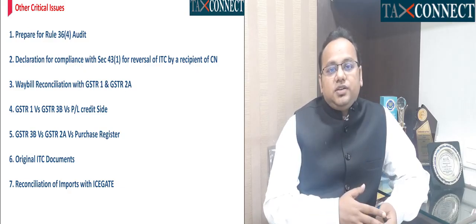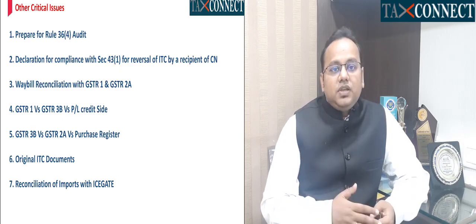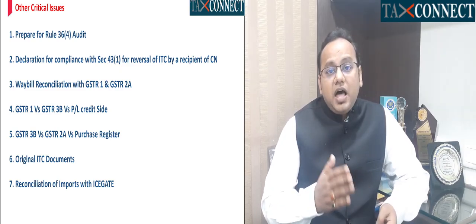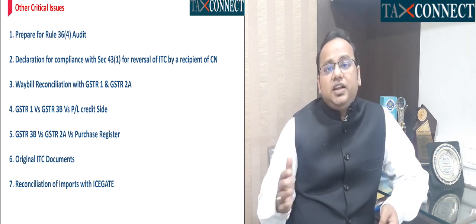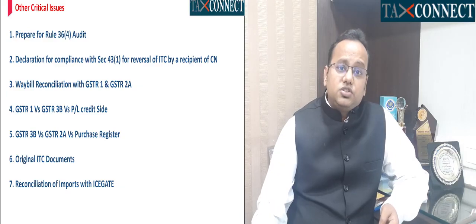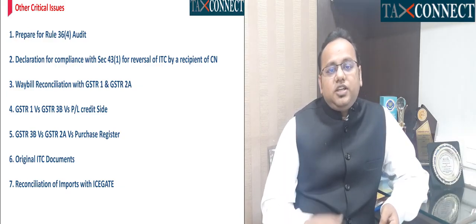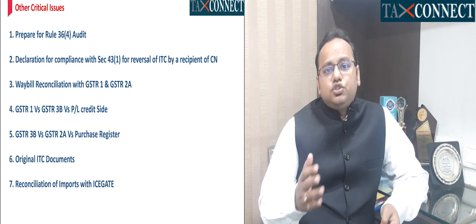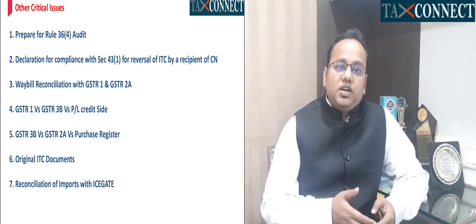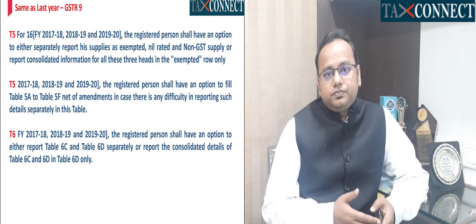Waybill reconciliation vis-a-vis GSTR 1 and 2A is again important now with the GST law streamlining and the department becoming more stringent. GSTR 1 versus 3B and GSTR 2A versus 3B are issues which are regular in nature and which need to be followed in the current year also.